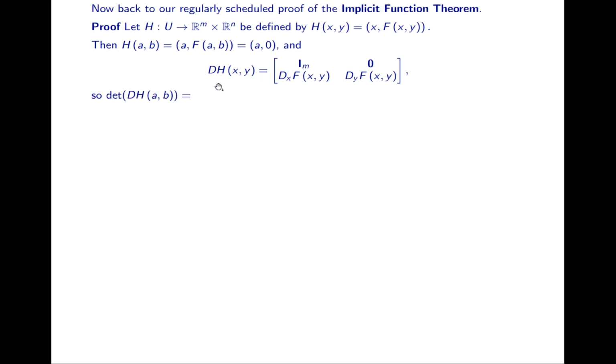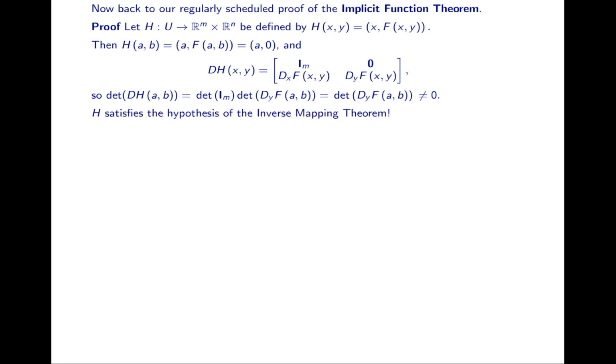The determinant of this matrix is this matrix times this matrix, which is of course just this matrix. And we've assumed that the determinant of this matrix is not 0. Therefore, h satisfies the hypothesis of the inverse mapping theorem.